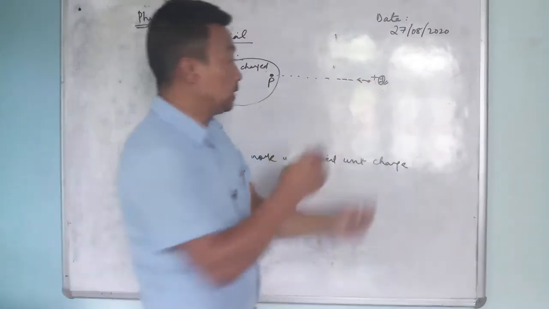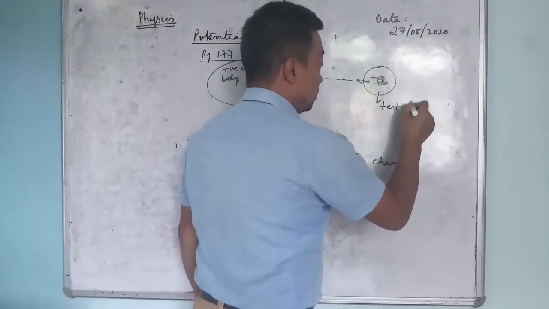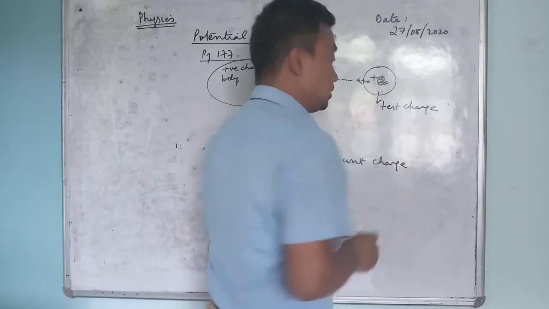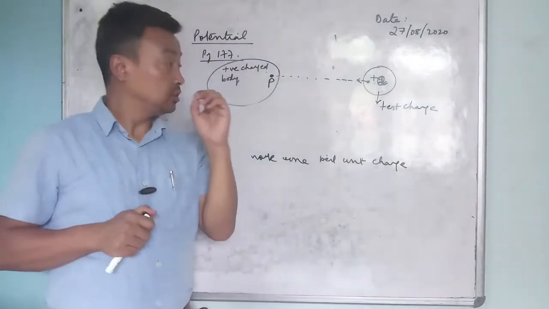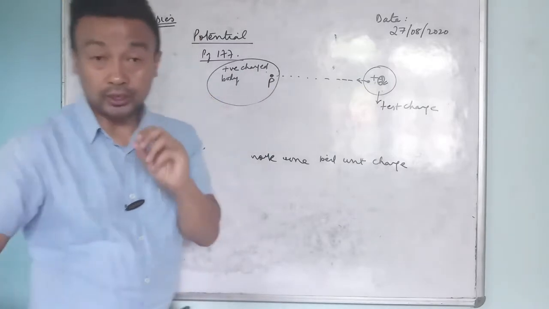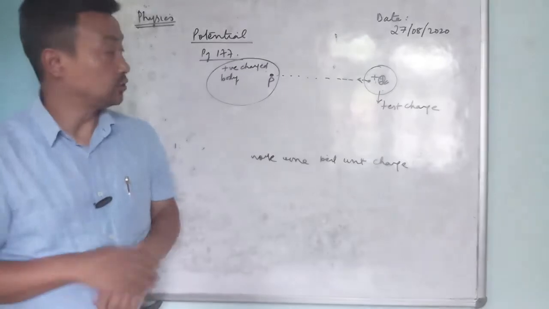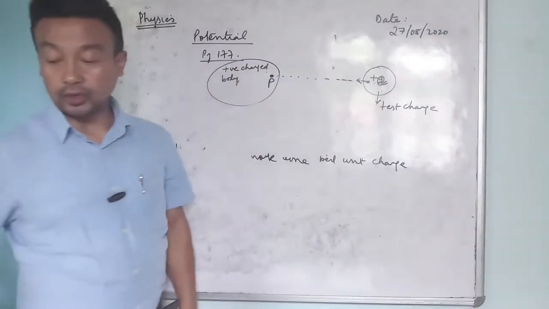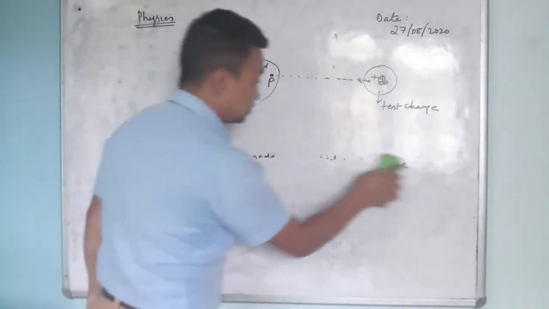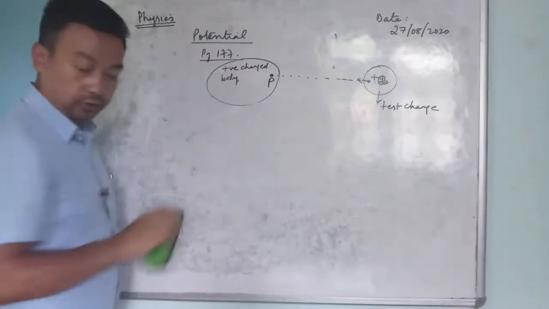Now this we have taken as a test charge here. This test charge is a charge of infinitely small value. The presence of this test charge does not disturb the other charges when it is brought to the region of other charges. So now let us write down the expression for the potential.